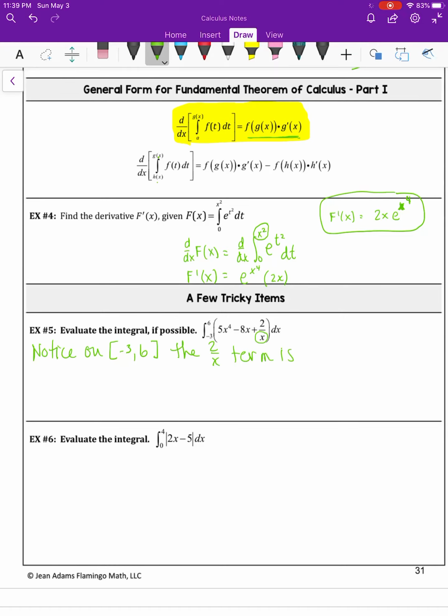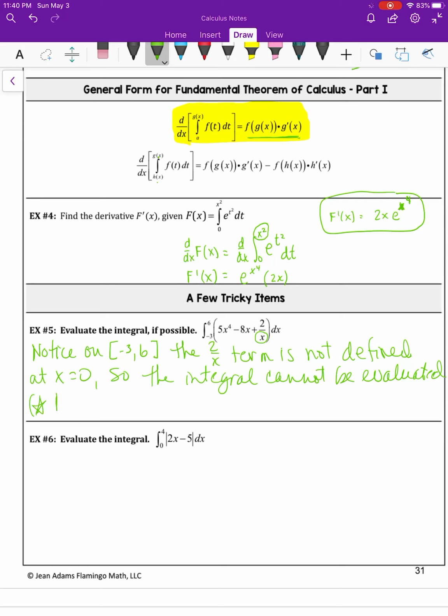So I'm going to say, notice on the closed interval from -3 to 6, the 2 divided by x term is not defined at x equals 0. So the integral cannot be evaluated.